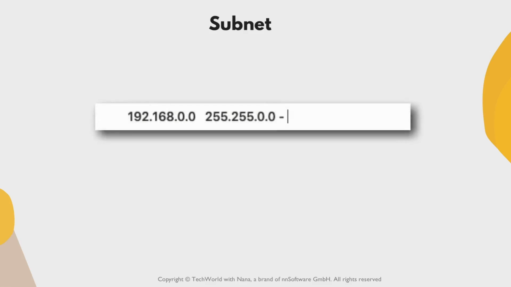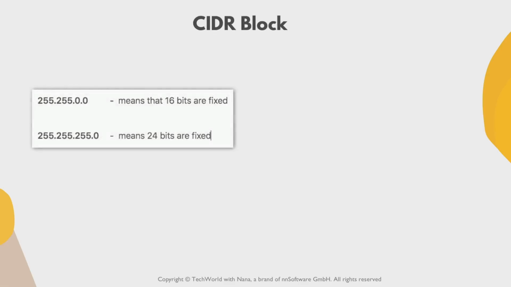And right here, we have only half of it fixated. So your IP addresses of this LAN will be from this IP address to 255.255. So within this range. That's how it works.